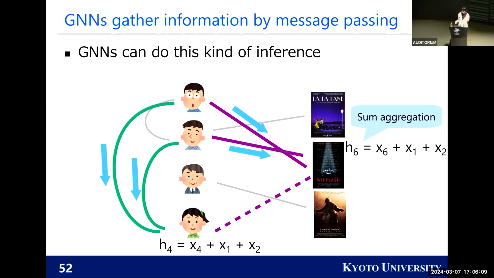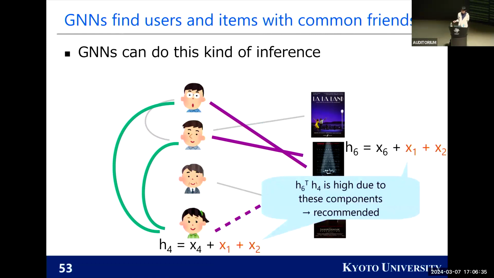We can compute the embedding of her as the sum of her feature vector plus the feature vectors of her friends, x4 plus x1 plus x2. And the embedding of Whiplash is x6 plus x1 plus x2, right? The important observation is that the information from the friends, x1 and x2, is common in both these nodes.